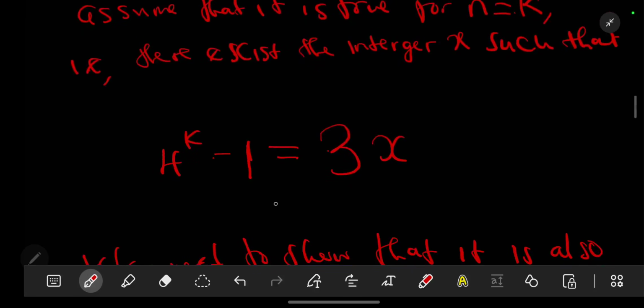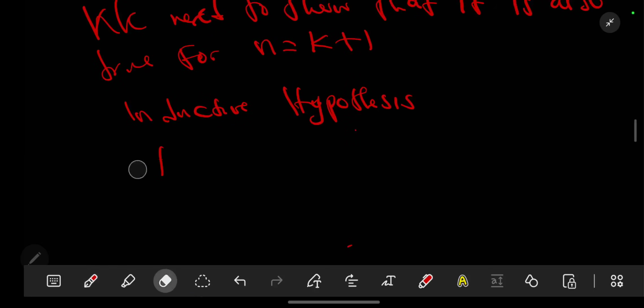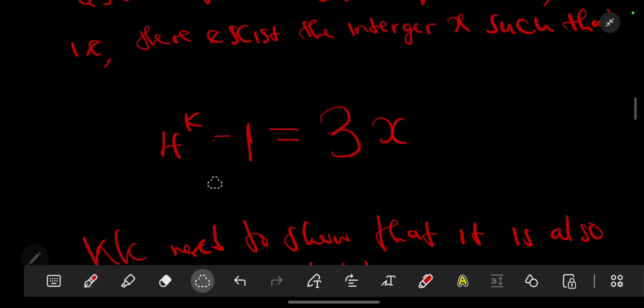So with that said, we are going to take our 4. So taking this, this is the inductive hypothesis, where you set your n is equal to k plus 1. So 4 to the power, you are going to take this one.